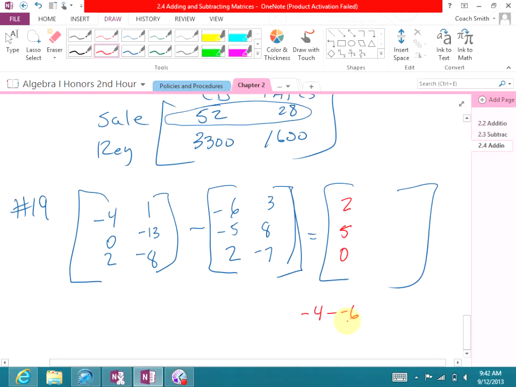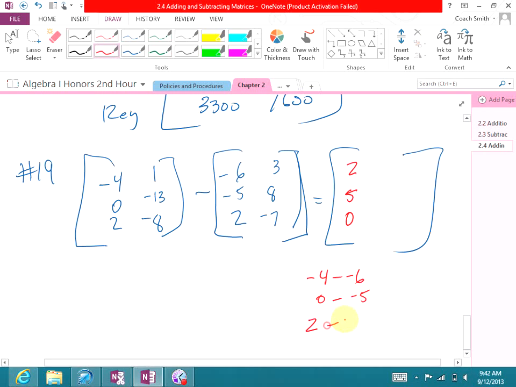You had 0 minus -5. And then you had 2 minus 2. So -4 plus a +6 is equal to 2. That's where we get that 2. That would be plus, so that would just be equal to 5. That's where we get that 5. And then 2 minus 2 is equal to 0. That's where we get that 0.